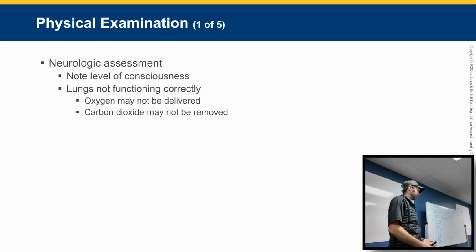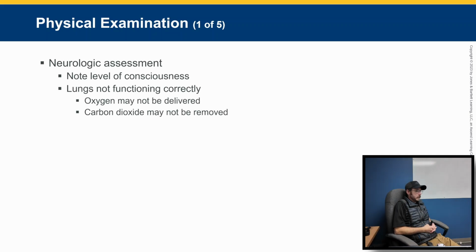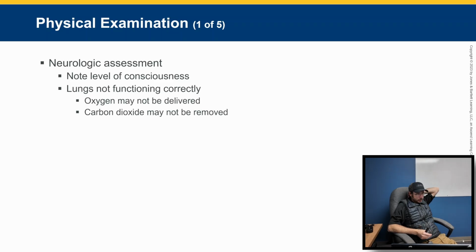The first component of your secondary assessment is your more detailed physical assessment component. So we talked about with that primary survey, are we doing a lot of listening to breath sounds and things like that? Or are we just looking to see if they're breathing or not?